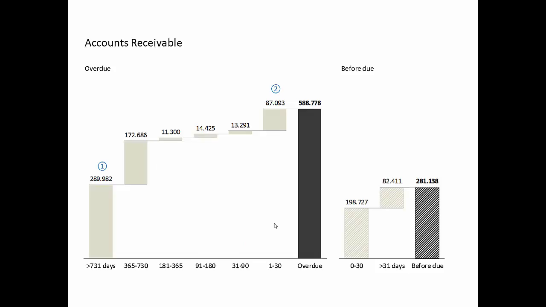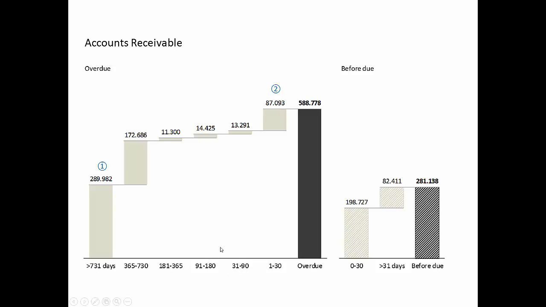Another example, accounts receivable. This waterfall chart presents overdue receivables. So we see this is the total of overdue receivables, and then here we see receivables which were due up to 30 days, and then between 31 and 90 days, and so on.